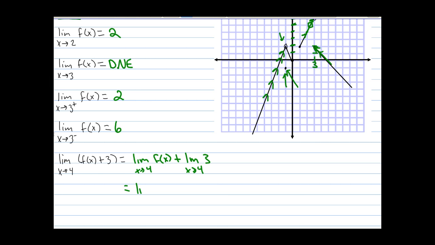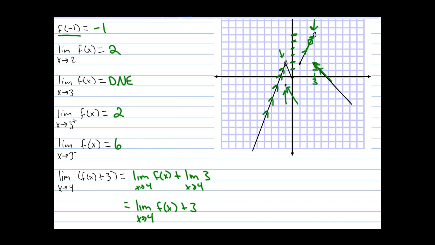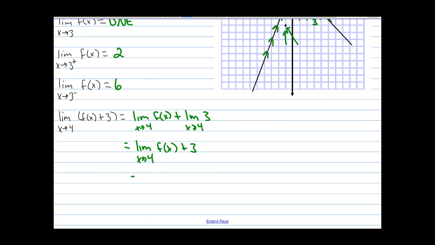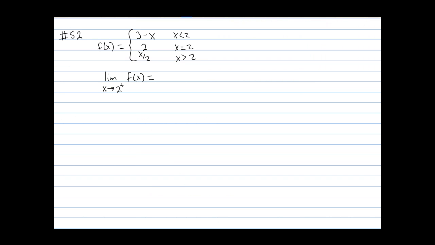So what we want to find out is what's the limit as x approaches 4 of f of x, and then we can just add 3 to that. So the limit as x approaches 4, in this case 1, 2, 3, 4, is a value of 1. So we simply have 1 plus 3. Final answer is 4.